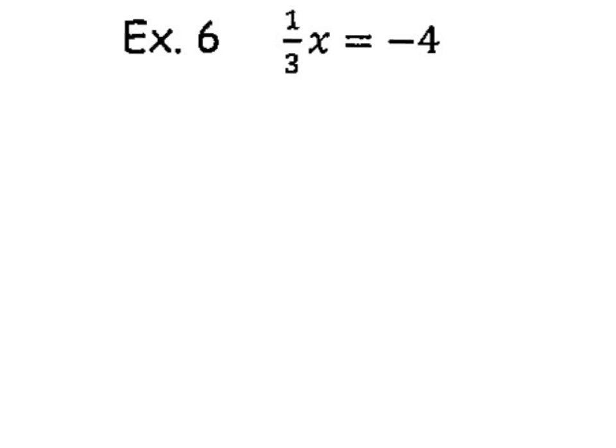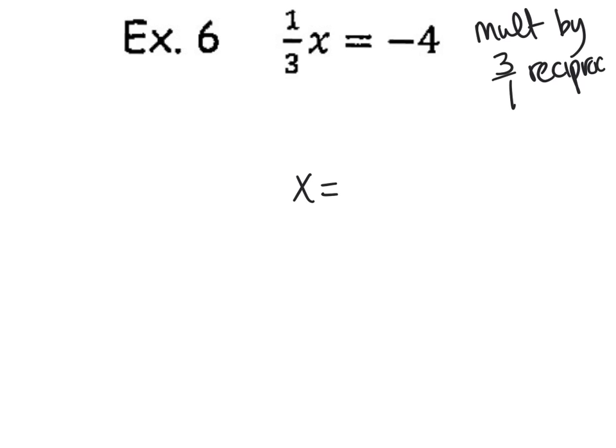Okay, 1/3 x. I want x alone, and I need to get the 1/3 gone. How do I get the 1/3 gone? Same process. Multiply by the reciprocal. Multiply by 3/1, which is the reciprocal.